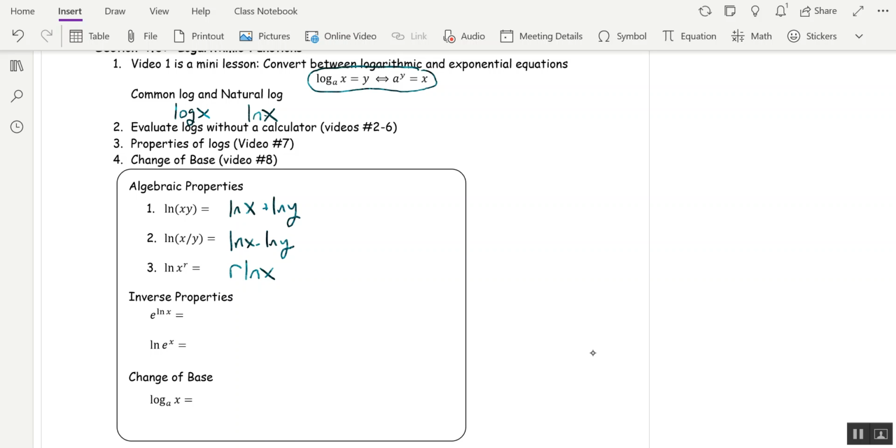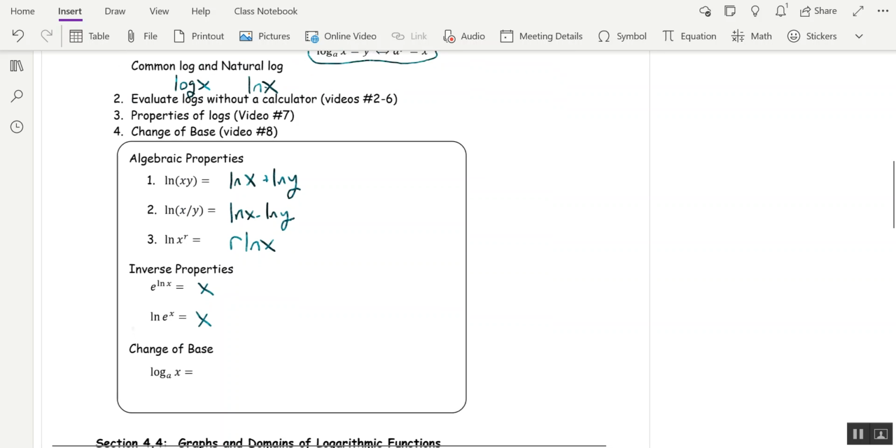That's a great property. The inverse properties tell us that if we have e to the ln x, then since exponentiation with base e and natural log are inverse functions, this just gives us x back. And it goes in the other direction too. ln of e to the x is x.